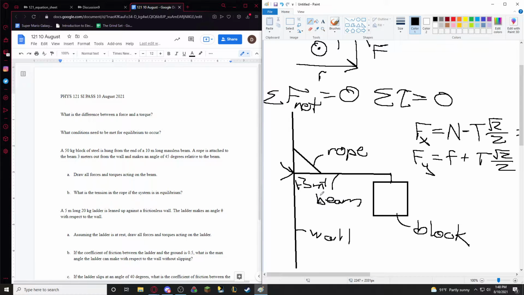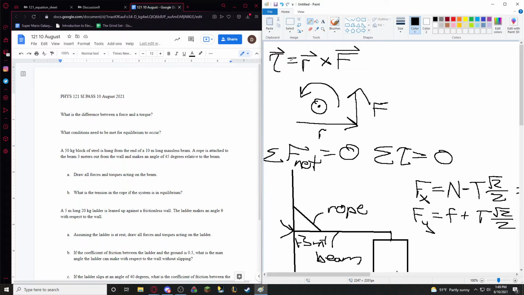Yeah, there's no torque from the frictional force or the normal force here, because the distance from our pivot point to those forces is 0. R cross F, if R is 0, the torque is 0.